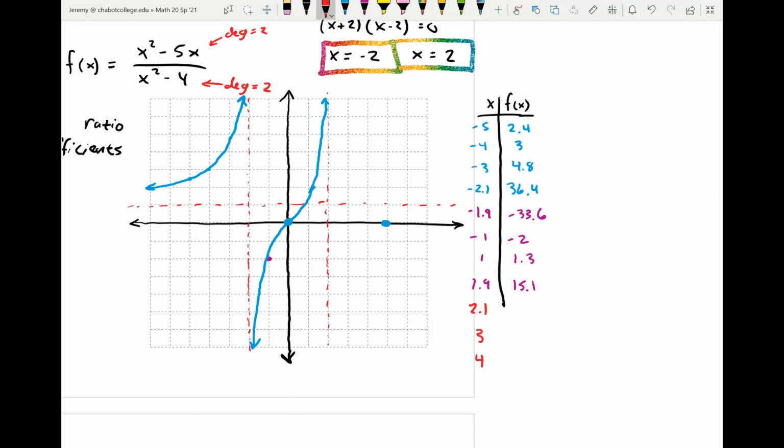I plug in 2.1 and I get negative 14.9. I plug in 3 and I get negative 1.2, and then I plug in 4 and I get negative 0.3. So it looks like our graph is going to do something like this.